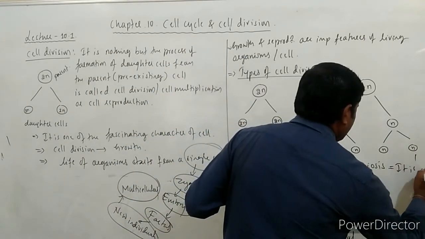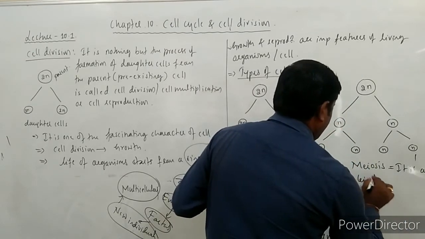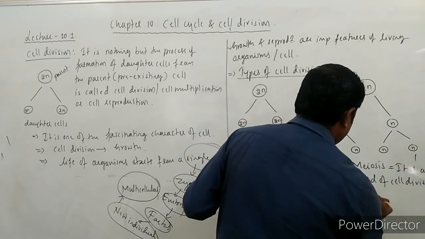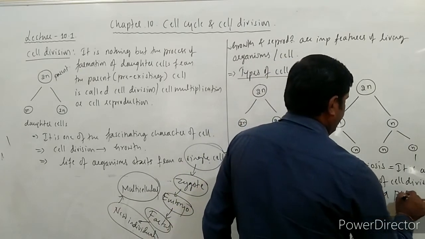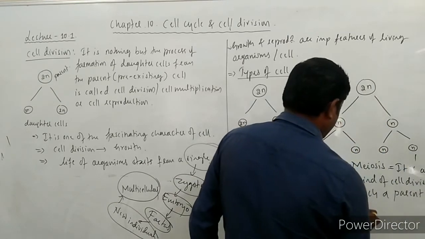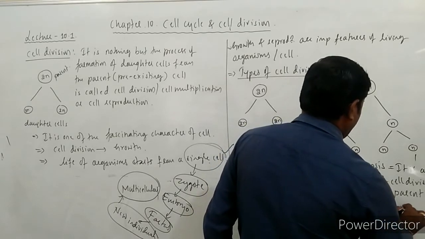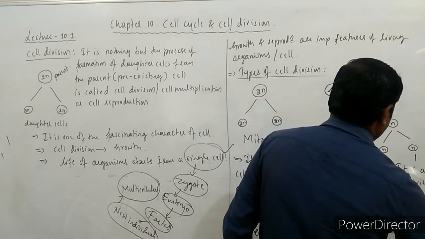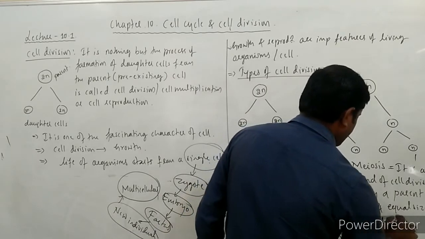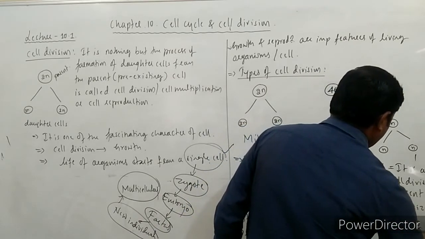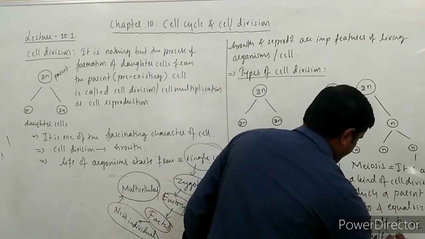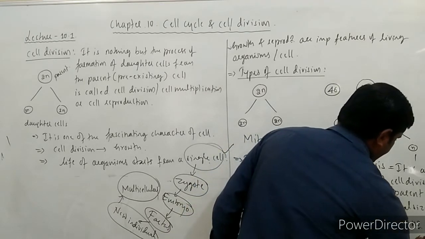It is also a kind of cell division in which a parent cell divides into four equal sized cells with half the number of chromosomes or half amount of genetical material.